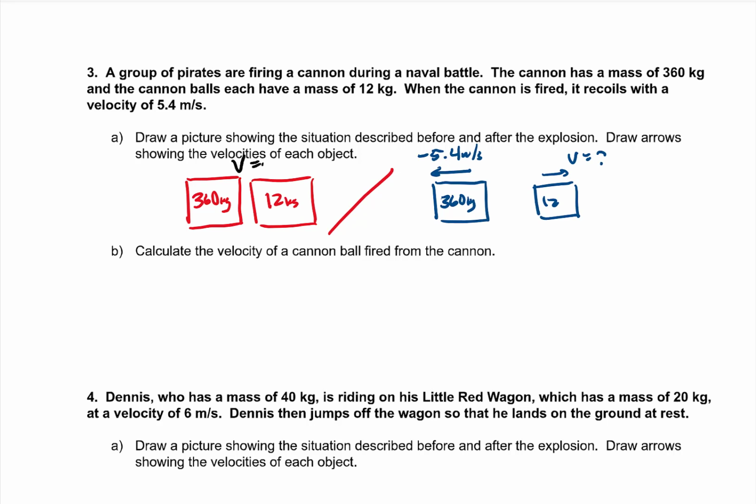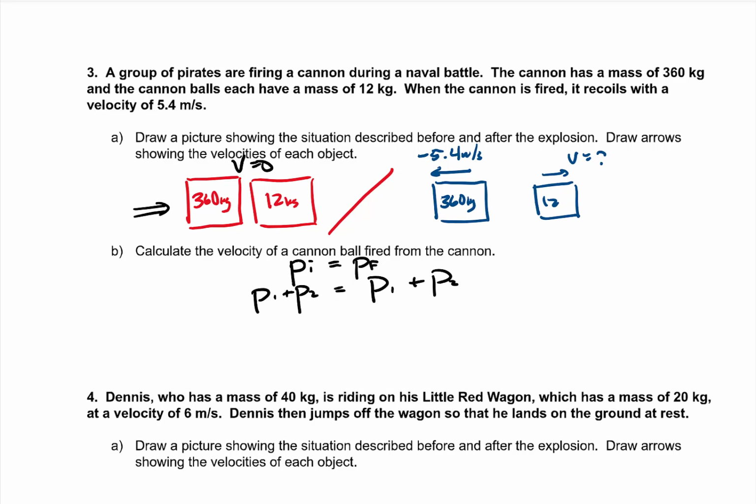And for this one, we're going to say that we are not moving to begin with, so the initial velocity is 0. So to do this all in one step, that's all we're asking for here, we're going to say that the initial momentum is equal to the final momentum. So the momentum of object 1 plus the momentum of object 2 is equal to momentum of object 1 afterwards plus the momentum of object 2 afterwards.